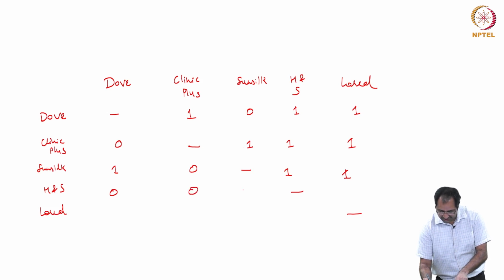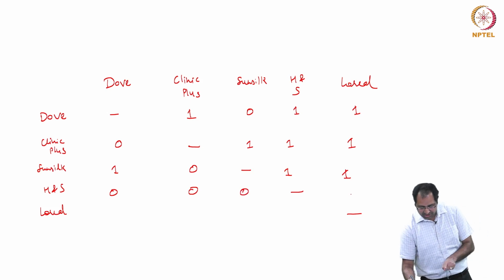Between Head and Shoulder and Clinic Plus, Head and Shoulder again. This row is Head and Shoulder and Sunsilk, Head and Shoulder, 1, 0. So the last one is L'Oreal and Head and Shoulder. Between L'Oreal and Head and Shoulder? L'Oreal, okay.